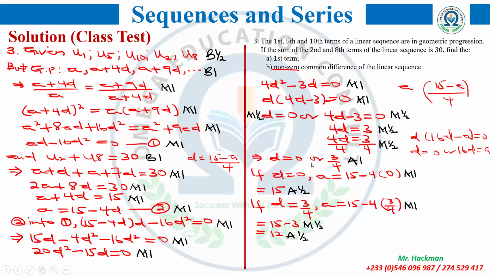Which correspondingly will give you two values for A. Yes, please. But the A that you have here, there was no condition for your A. Was there a condition for your A? No. The condition was for your D. I hope you are with me.